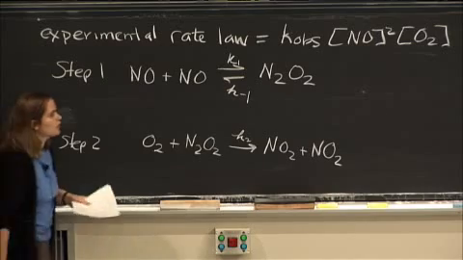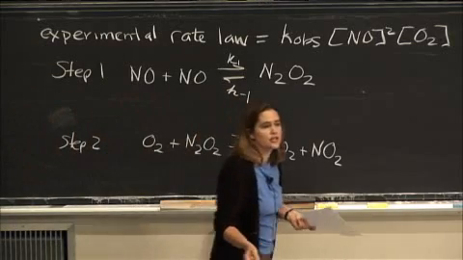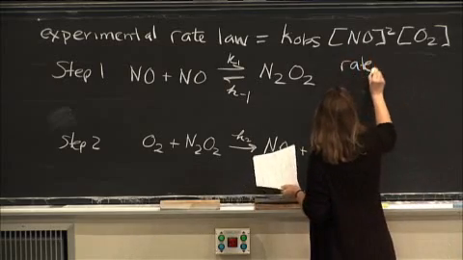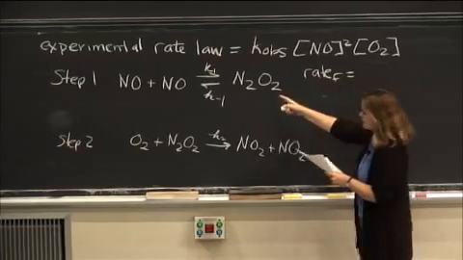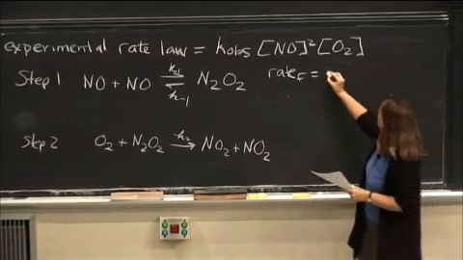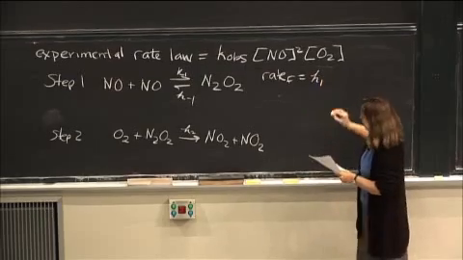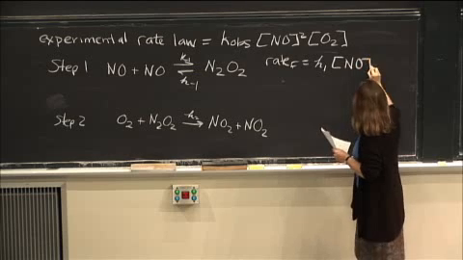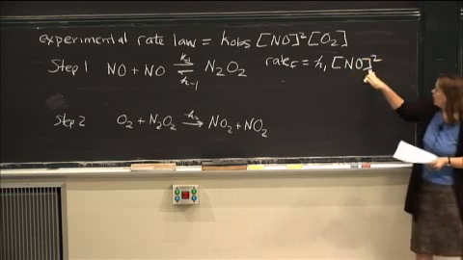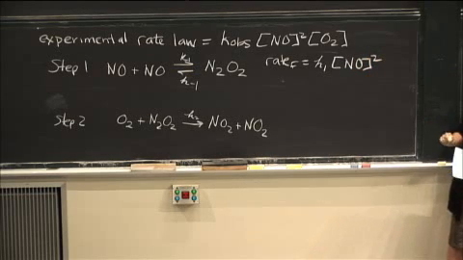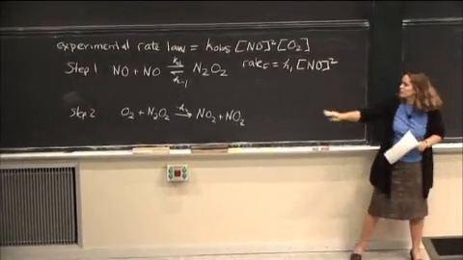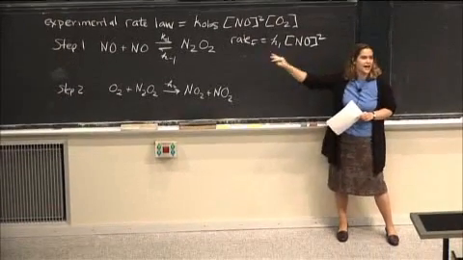So now we can write the rates for each of these individual steps. We can write the rate for the forward reaction here. And so that's going to be equal to k1 times NO squared. And again, this is a step or an elementary reaction, so we can write the reaction exactly as it occurs.